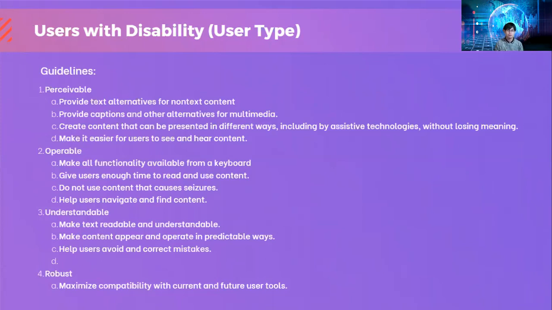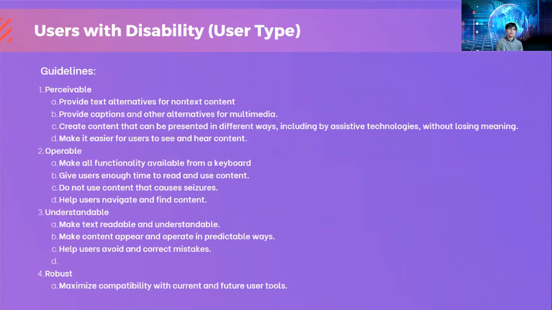Make content appear and operate in predictable ways, and help users avoid mistakes. Lastly, for users with a disability, it must be robust: you maximize compatibility with current and future user tools.